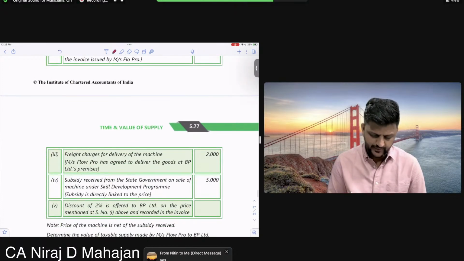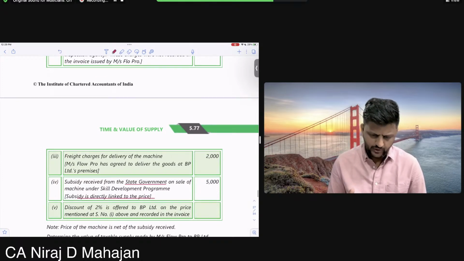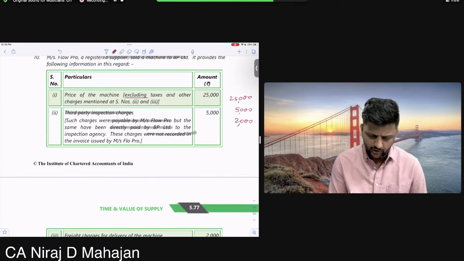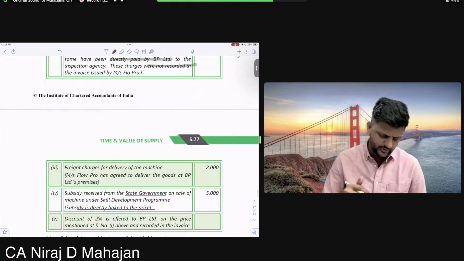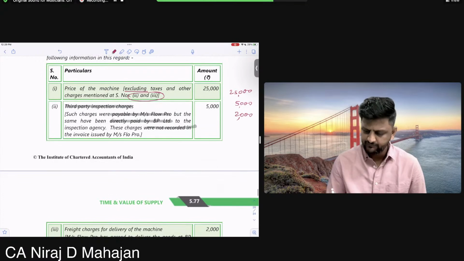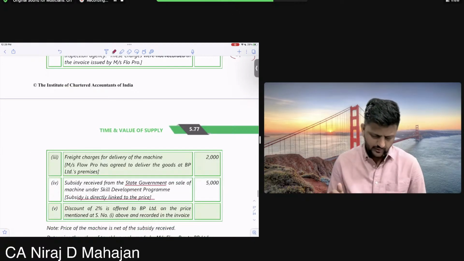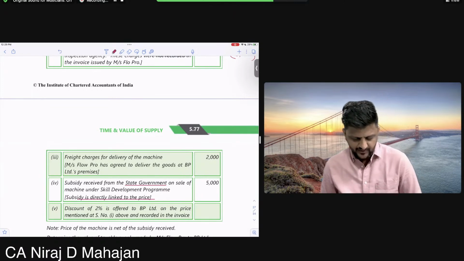Subsidy received from state government on sale of machine and subsidy is directly linked to the price, we reduce that. But what has it said? Exclusive of 2 and 3. So this is 4. So we have to reduce. 5,000 again less. Okay. Discount of 2% is offered by PB on the price mentioned in serial number 1. Now here they are giving clear cut, above and recorded.